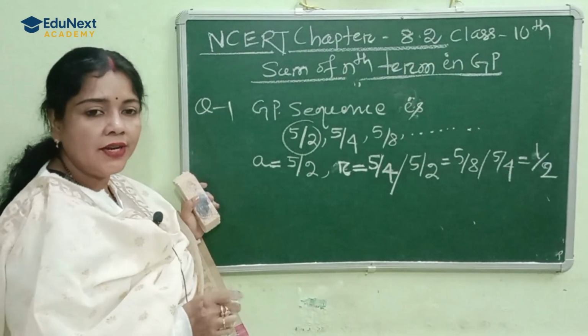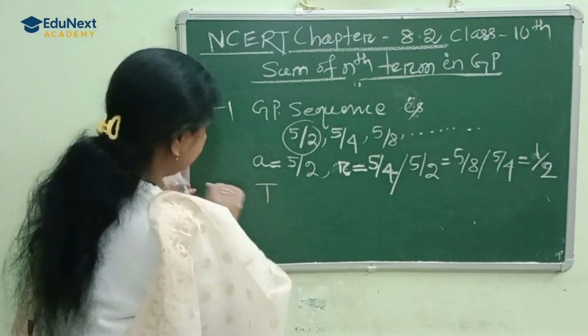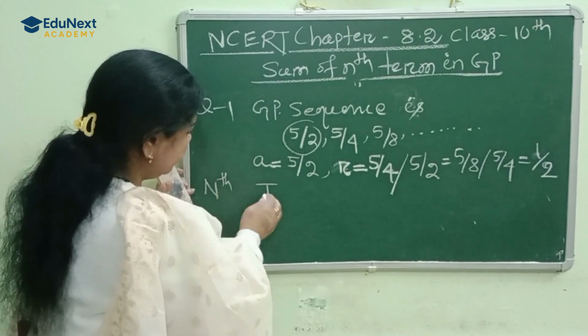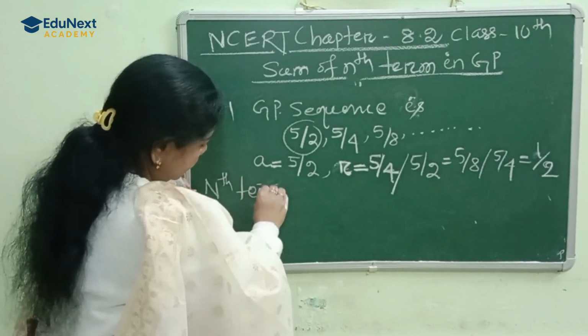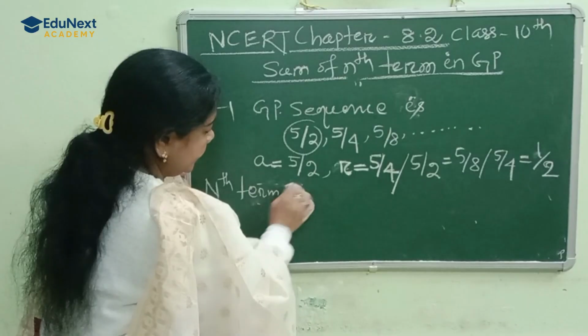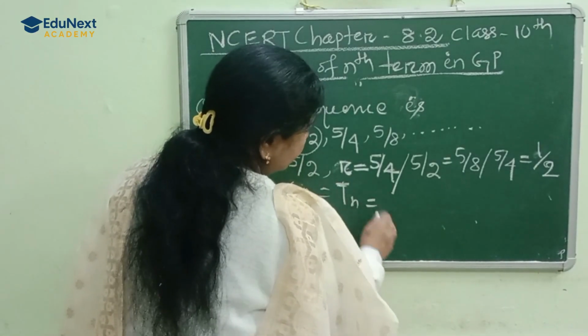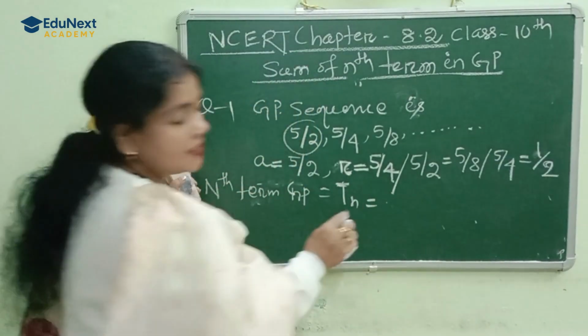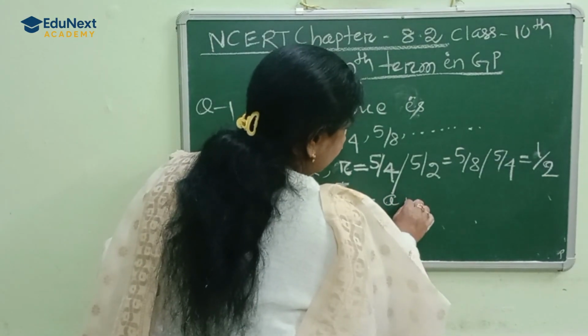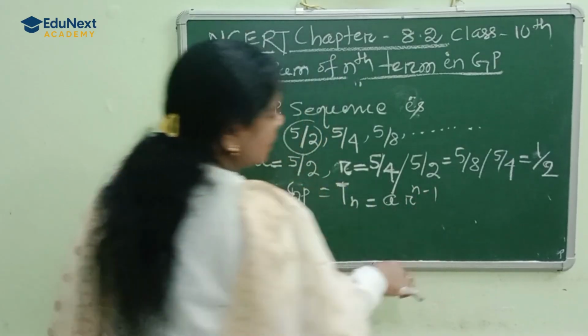So we have to find Tn, the nth term of the GP. Tn formula, as I have already discussed, is A into r to the power n minus 1.